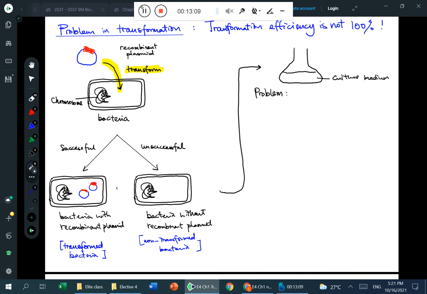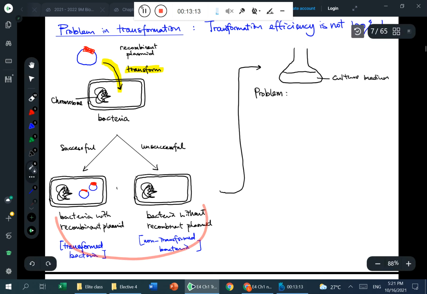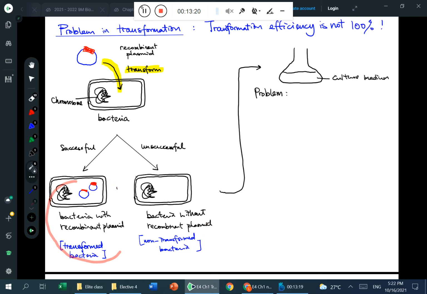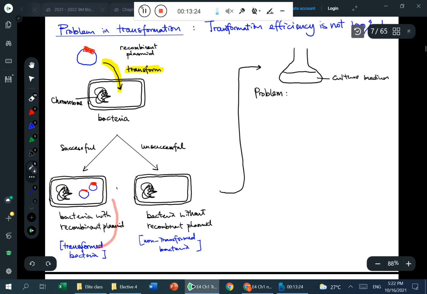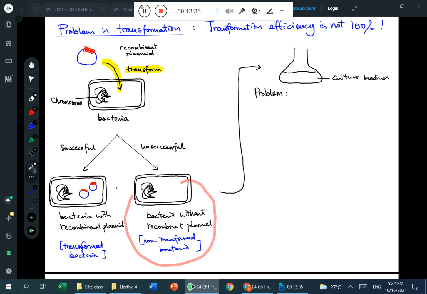Imagine what will happen according to natural selection. When they grow together, at the start, most of them are transformed bacteria. But since they are wasting so much energy and raw materials for making hemoglobin, they can't survive well. On the other hand, the non-transformed bacteria will survive much better.